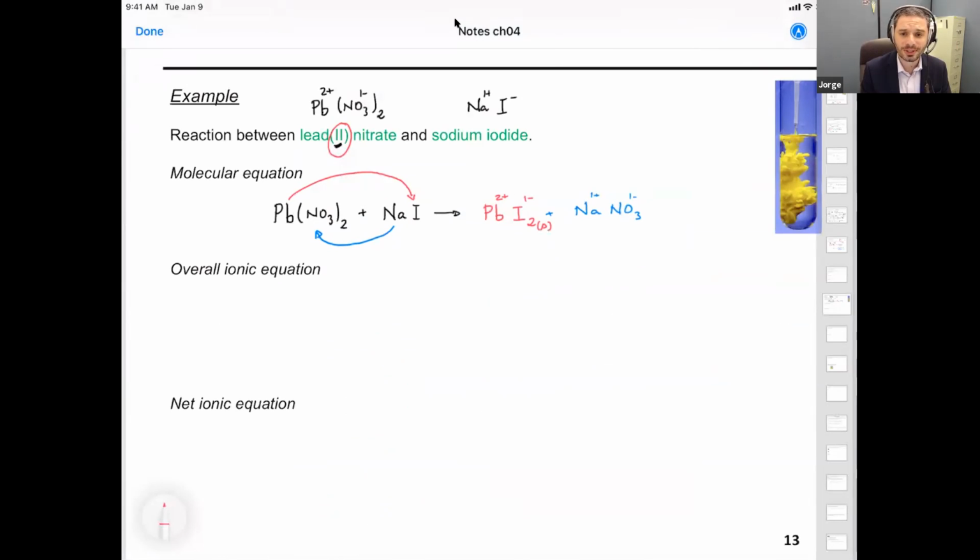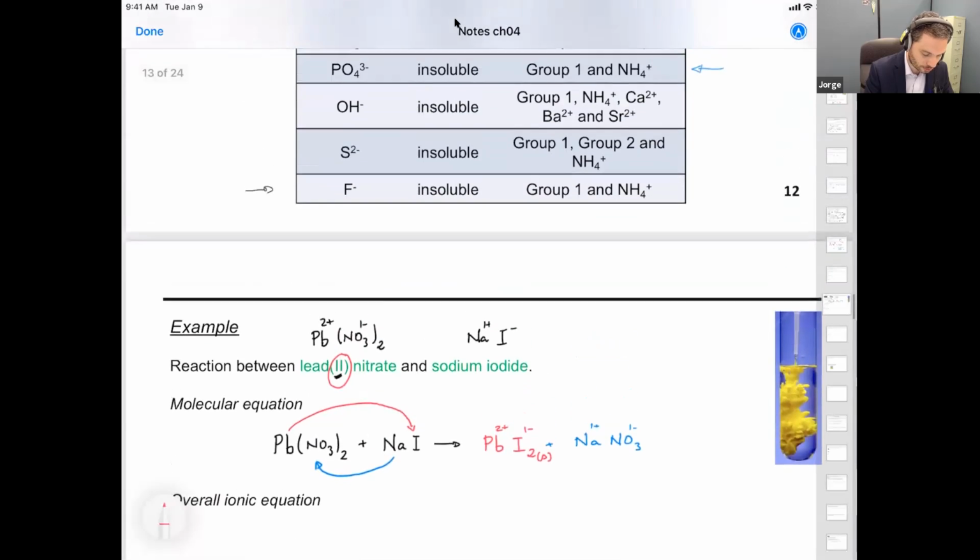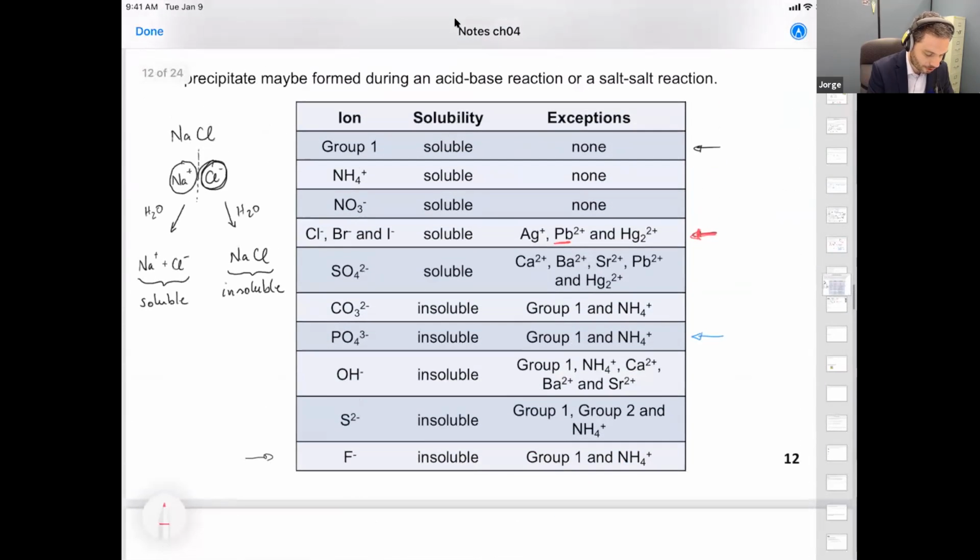And the way to indicate that is placing the physical state as a solid. The second salt, sodium nitrate, is formed by an ion from group 1, and that will always yield soluble salts.